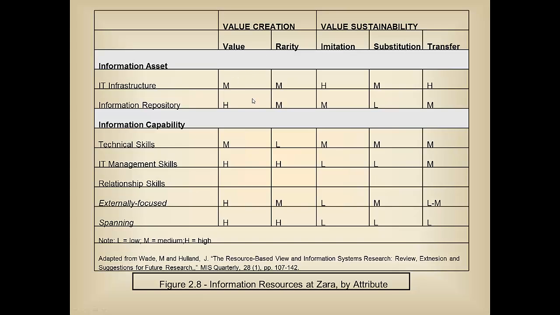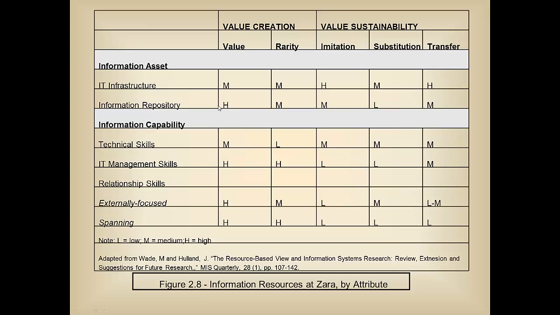And then we have high, medium, low. That's what the M's, H's, and L's stand for. So value creation, these are here on the left column. We have our information resources. So we've got our IT infrastructure, our information repository.